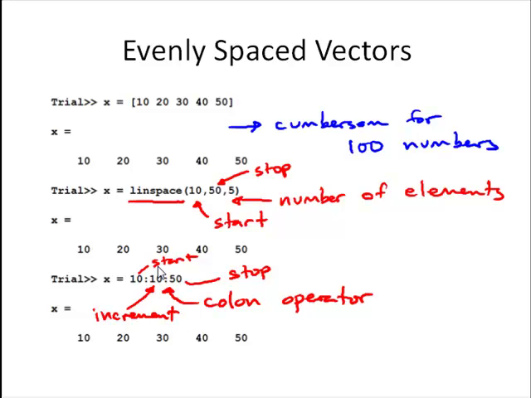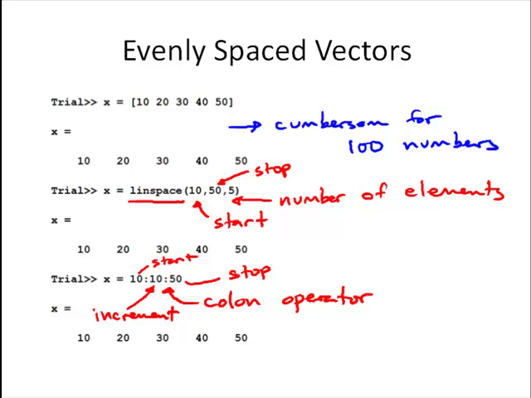So the colon operator, this third way of creating this vector, is different because it's saying create a vector x whose first element is 10, its last element is 50, and we're going to increment by 10, or in other words, the adjacent elements are spaced by 10.